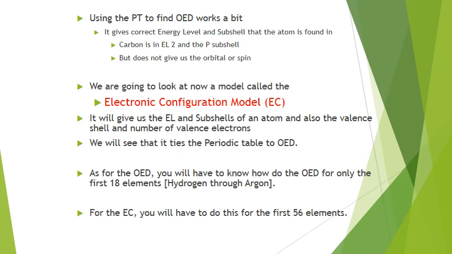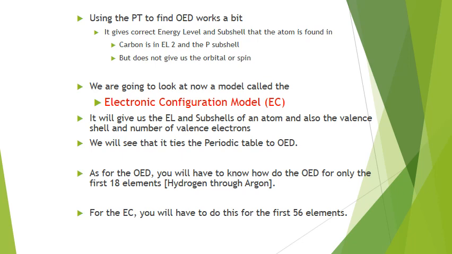But for carbon, it did give the right energy level, and it did put it in a p subshell. So it said that the last electron of carbon went into energy level 2 and a p subshell. It didn't give the right orbital or the right spin, but it gave the right energy and the right subshell. So maybe what we're going to do is use the periodic table and just forget about the orbital and spin.